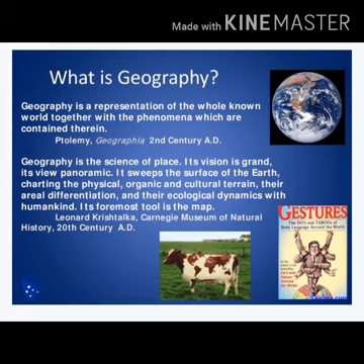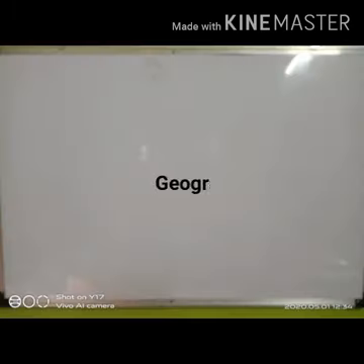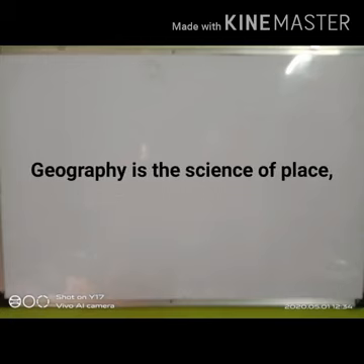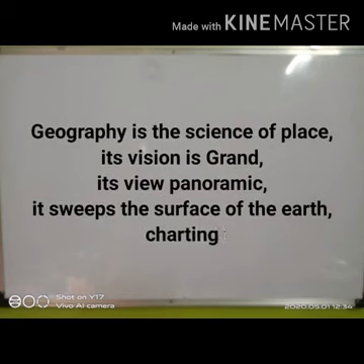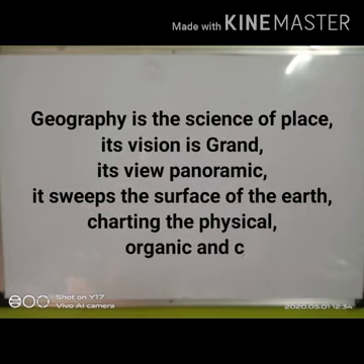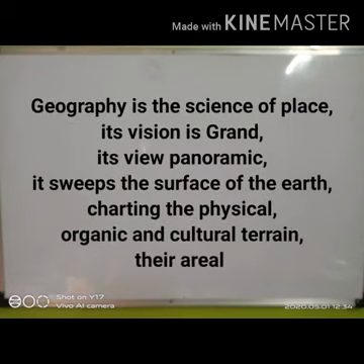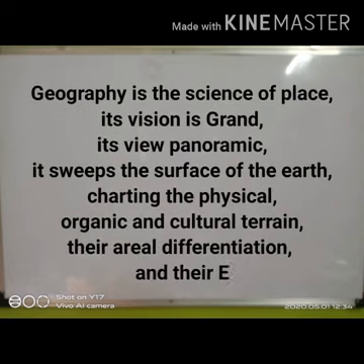According to Richard Hartshorne, geography is concerned with the description and explanation of the areal differentiation of the Earth's surface. Number 3, according to Leonard Kristelka, geography is the science of place. Its vision is grand, its view panoramic.